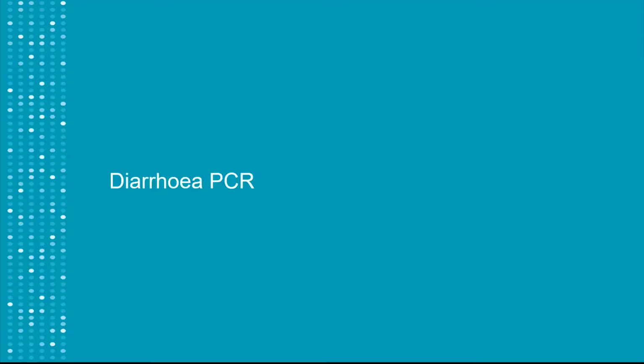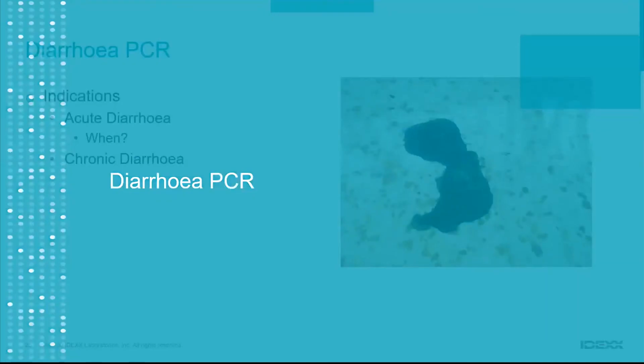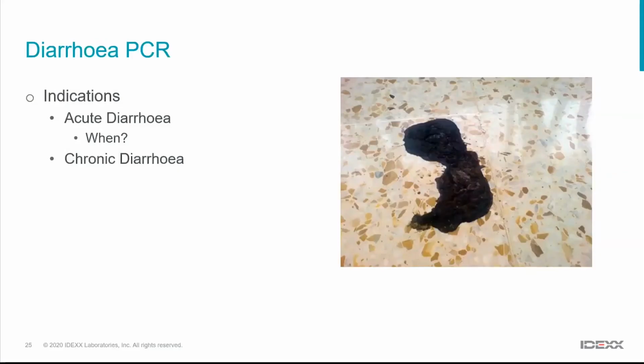Now, just looking briefly at the diarrhea PCRs here, not in any way going to go through this in any significant depth, but having a look at the diarrhea PCRs, what are their indications? And I am not in any way, shape or form suggesting that we need to be doing a diarrhea PCR on every patient you see with diarrhea.